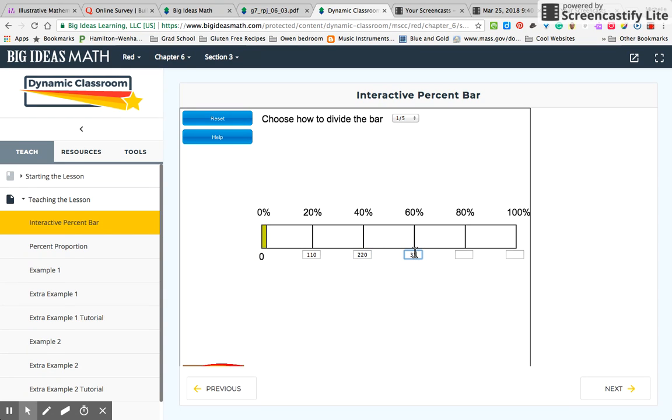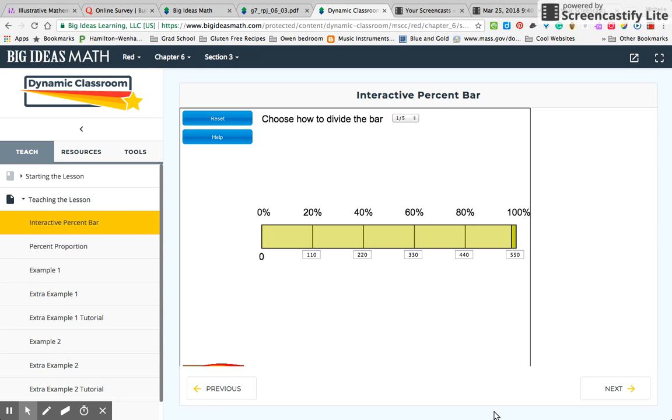This is 330. 440. Each time we add 110, and the whole will be 550. So if 20% is 110, 100% will be 550.